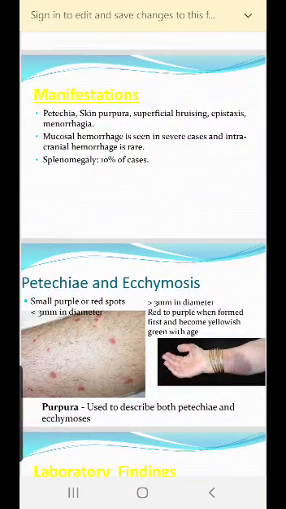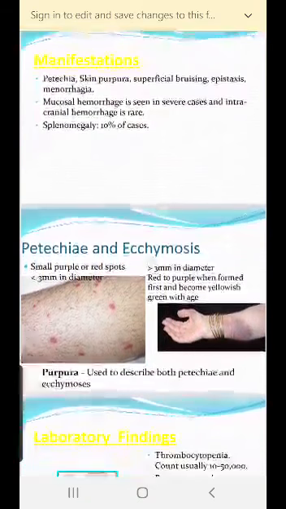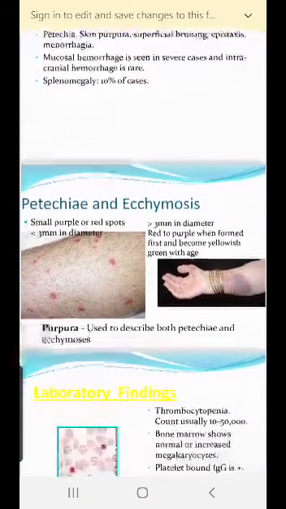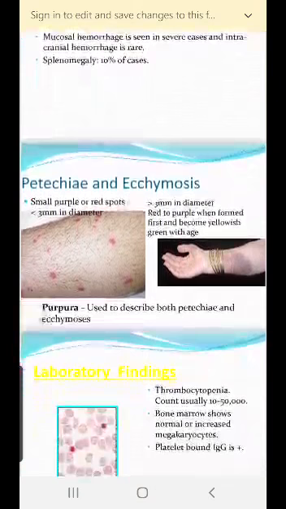Thrombocytopenias will show mild petechiae, some mucosal hemorrhage and splenomegaly. But in the coagulation disorders, the bleeding will be huge.